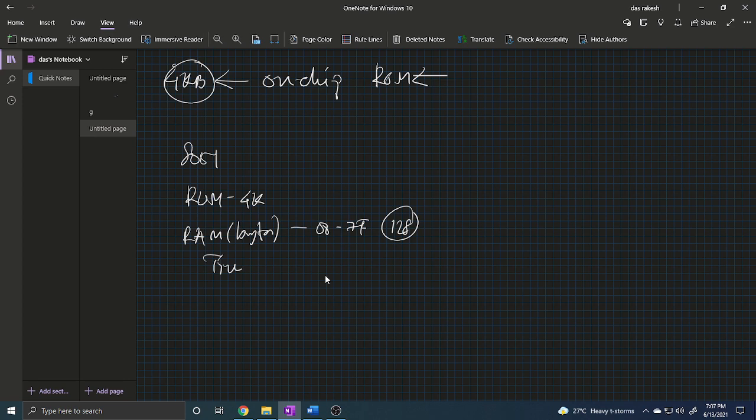How many timers are available? 2 timers are available, that is timer 2. What is the total number of IO ports? 4 IO ports are available. How many serial ports are available? 1 serial port is available. And what are the interrupt sources?